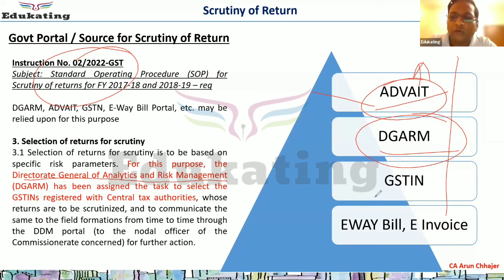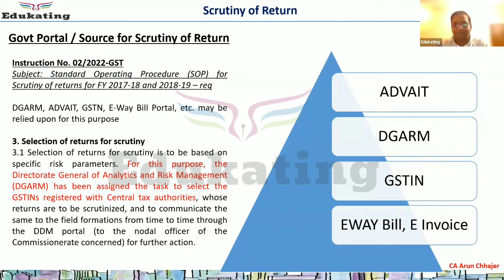Similarly, software like e-way bill, GST, and e-invoicing are being used by the officer to identify the gap. These are all tools available with them.